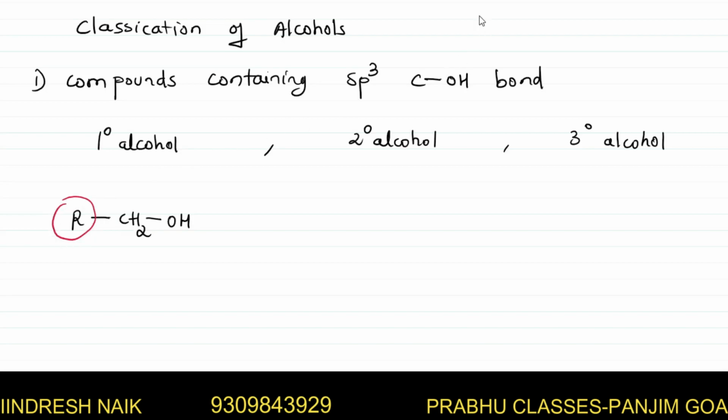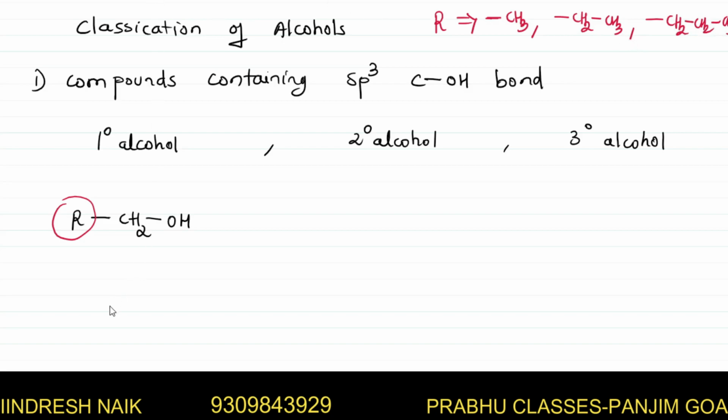Now, what is the meaning of R group? R group means it is like this. It could be a methyl group, like this is the connecting bond. It could be an ethyl group, C2H5, which will look this way. It could be a propyl group, and so on. Or it could be any branched compound also.